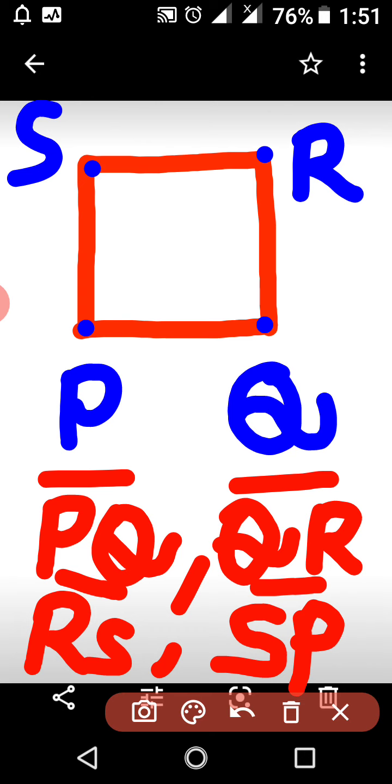S and P are adjacent to each other. Now if you observe P and R, these both are not adjacent to each other. Q and S, these are also not adjacent to each other, which means adjacent means side by side. So the space or the line between 2 adjacent points is known as a side of the polygon.